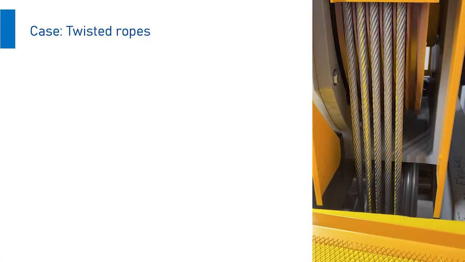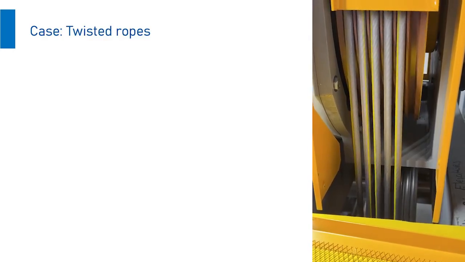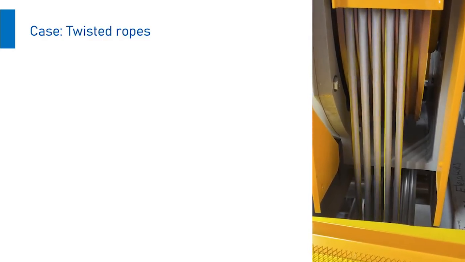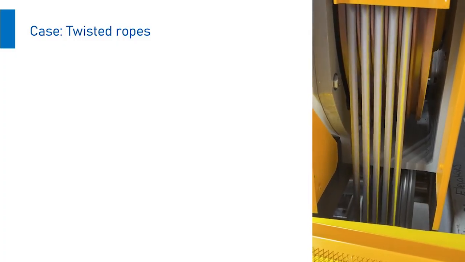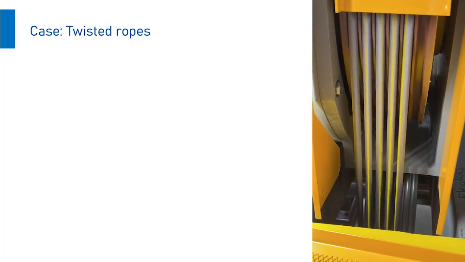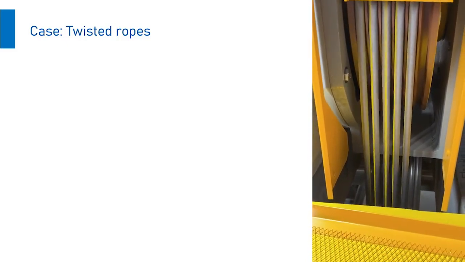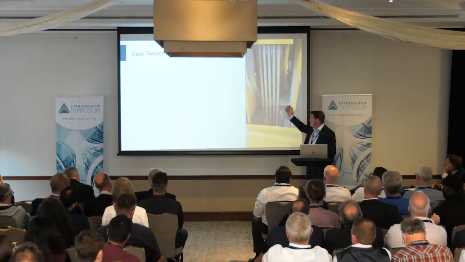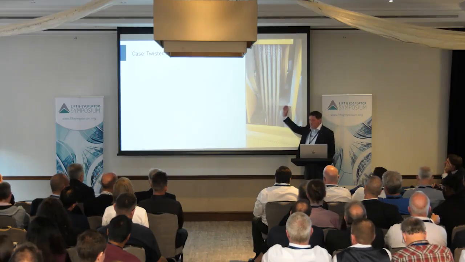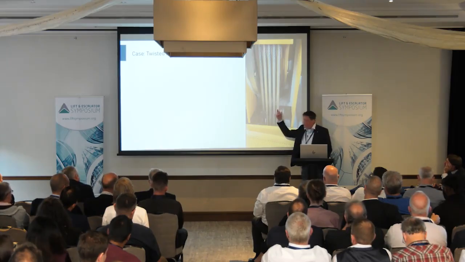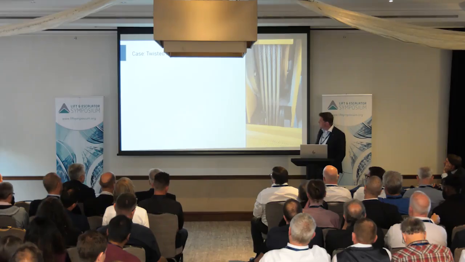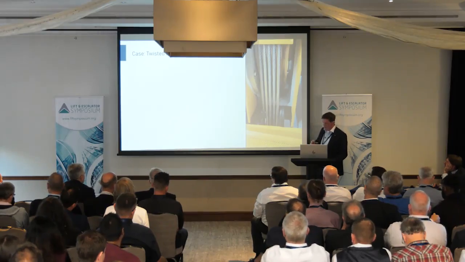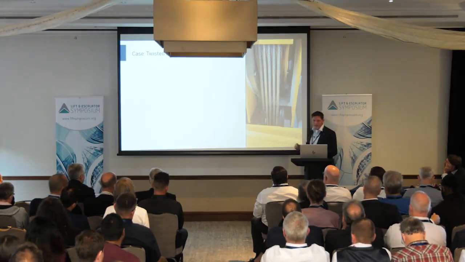Okay, another example, now not with worn-out grooves, twisted ropes. So look to this video. Wow, so you see printed eye lines on the ropes. Not all manufacturers of ropes do that, but it is a very, very handy tool if they do. So during a travel, you would have seen with this video how this eye line is turning, and depending on the rope manufacturer, for example, the company Brugg is telling per 100 meters, just 3 turns or something like that.